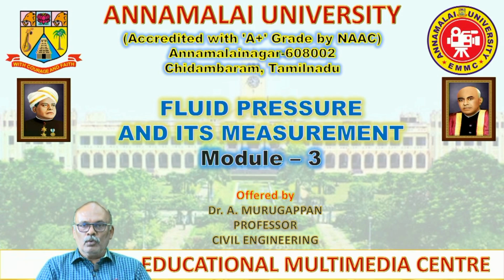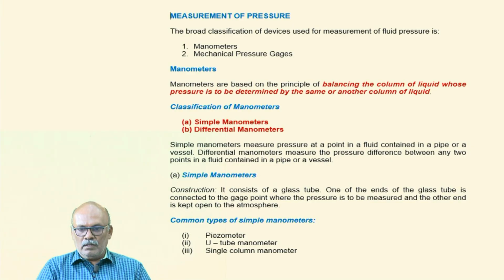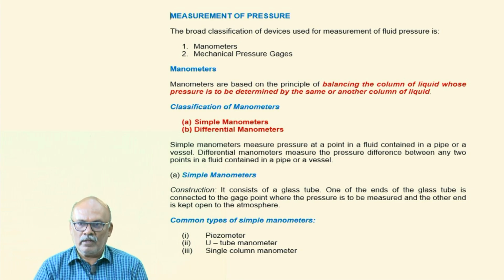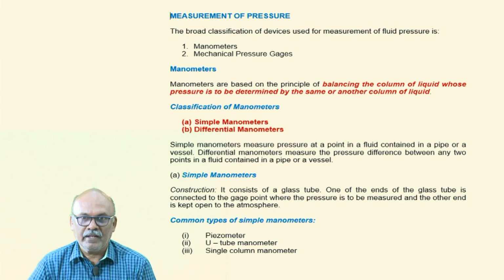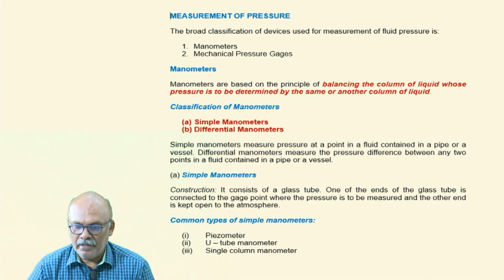And now in this module we will be discussing measurement of pressure using manometers. The devices for measurement of fluid pressure can be categorized as manometers under one category and mechanical pressure gauges under the other category.